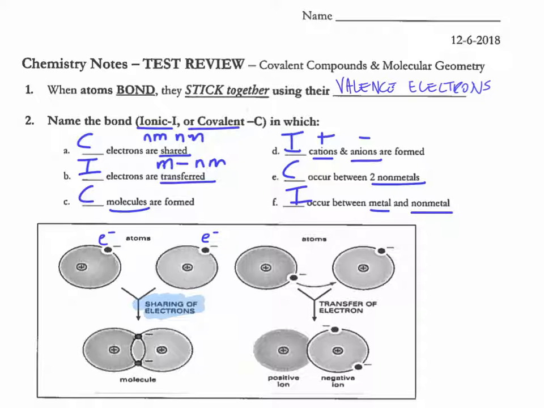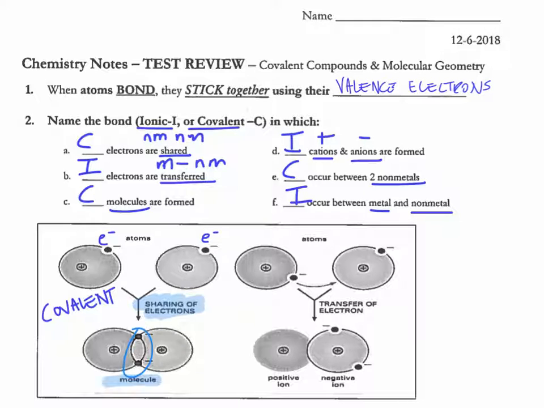And what it's doing is forming a bond because of that sharing of electrons. So we can see that these two atoms sort of overlap each other. The two electrons are being shared. It even goes on to mention that this is a molecule. All of these are signs of a covalent compound. So this is showing me the process of a covalent bond being formed.